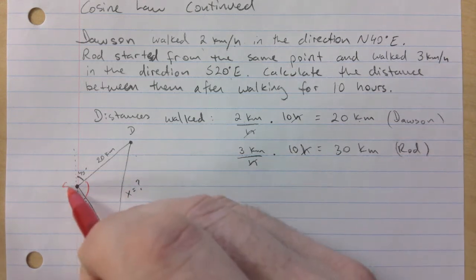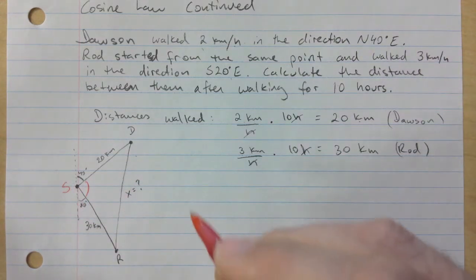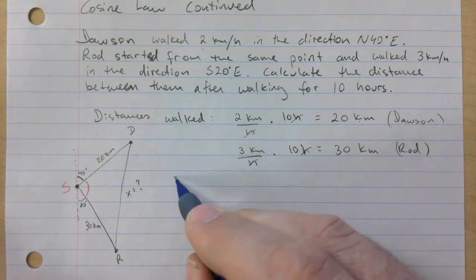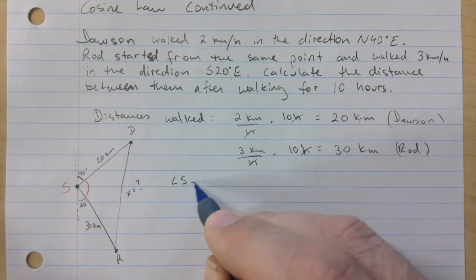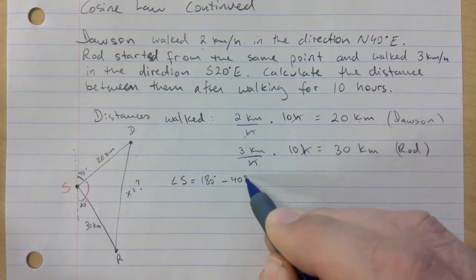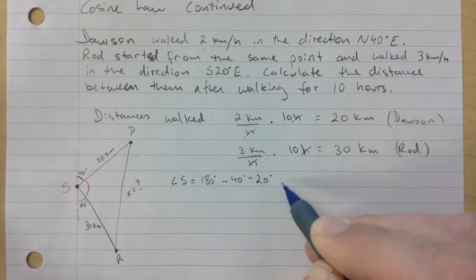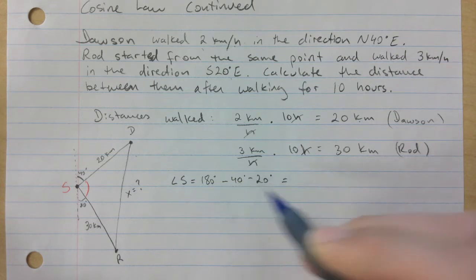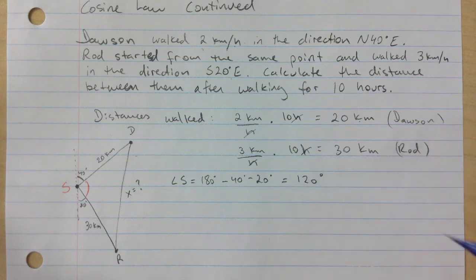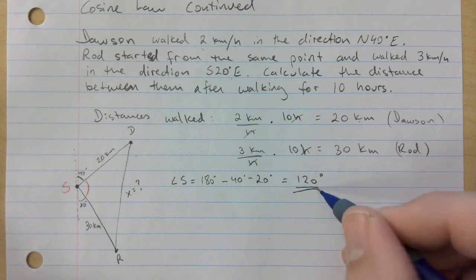We can call this S for starting point. So let's go ahead and solve this. Angle S is going to be 180 because there's a straight line, minus 40 minus 20. And that gives us 120 degrees. Okay, so there you have it.